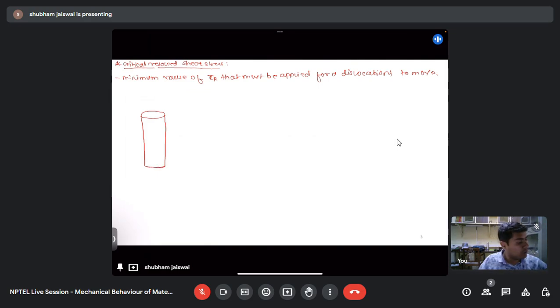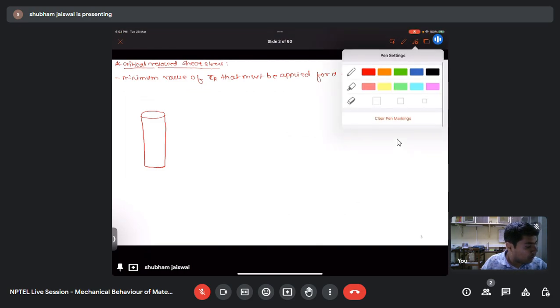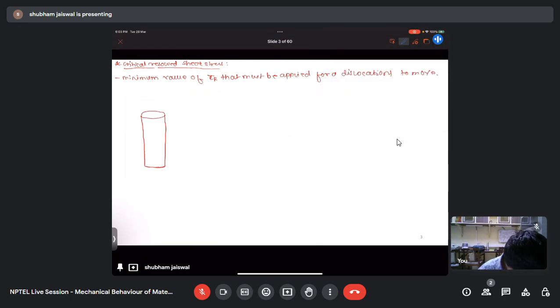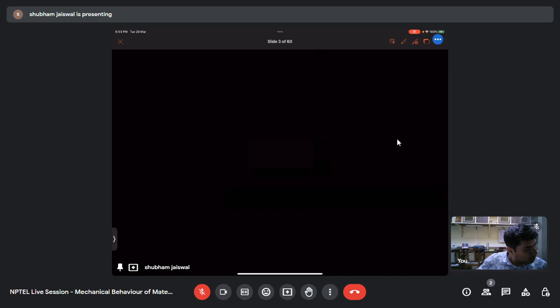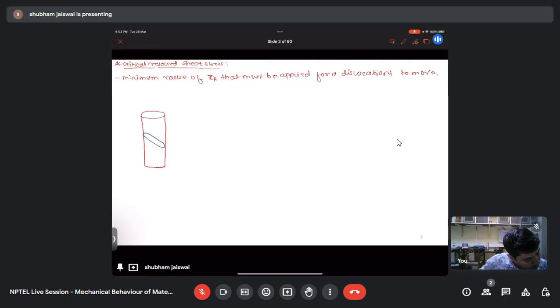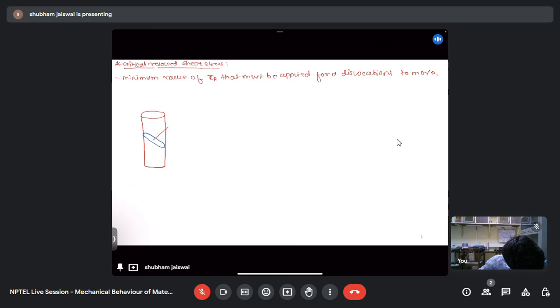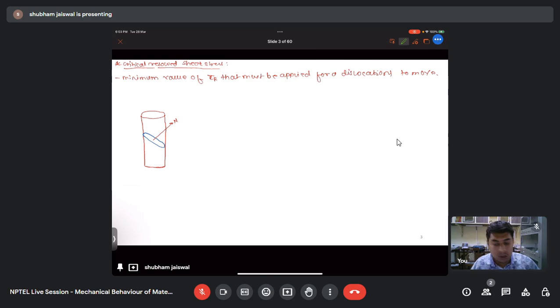Let's say this is our material, and here at some angle one slip plane is oriented. The normal of this slip plane is, let's say, N, and the material is loaded with the load P or stress sigma.